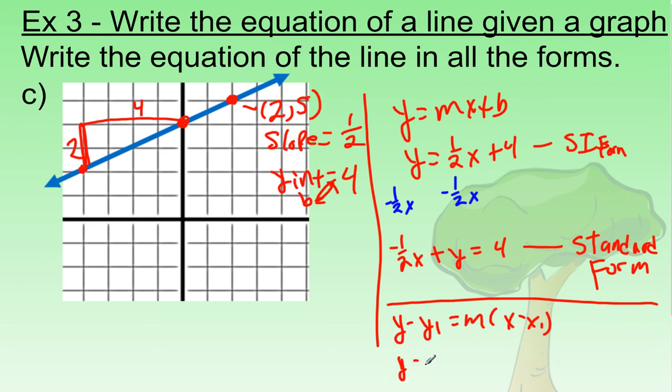So y minus the y value equals slope times x minus the x value. And there's your answer in point-slope form. Well, I don't know, there's not much else to say about that.